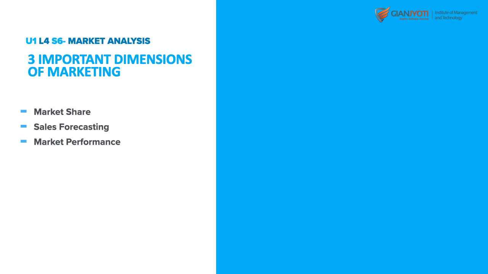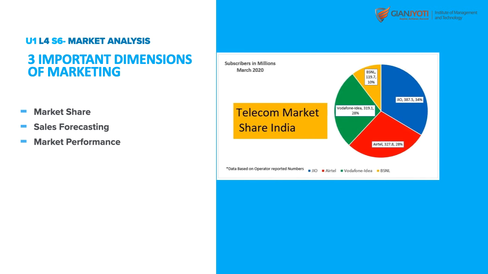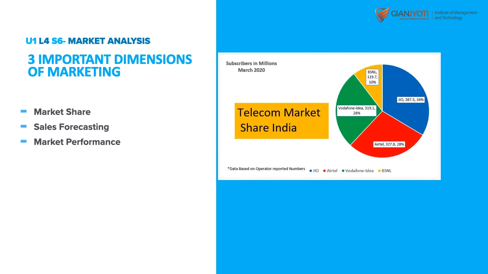So, when we talk about the market share, if we talk of the telecom market share in India, you have these four players, right? Jio is with 34%, Airtel is 28%, Vodafone and Idea is 28%, BSNL is 10%. So when you look at that share, why do you do that?